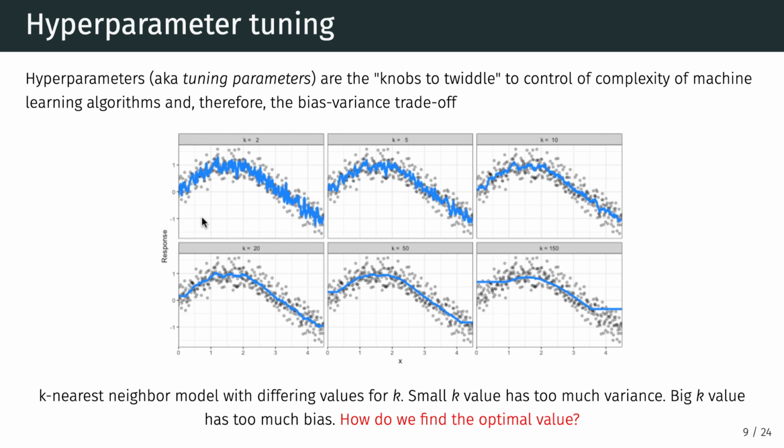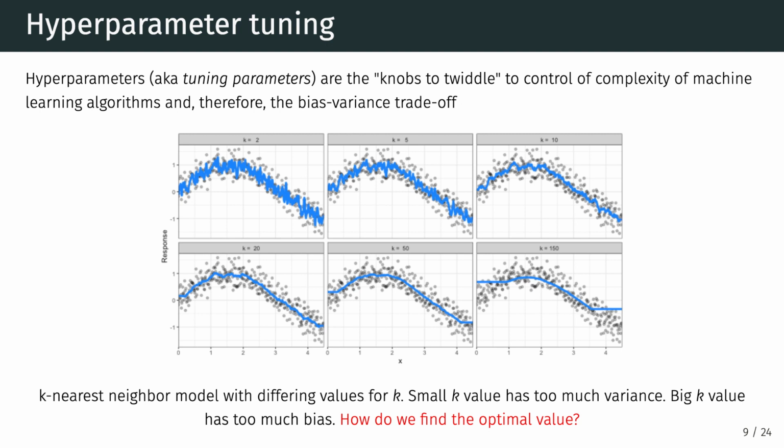So if k is small, such as k equals 2, as we see in the upper left-hand corner, the model will make a prediction for a given observation based on the average of the response values for the two observations in the training data most similar to the observation being predicted. So this often results in highly variable predicted values because we are basing the prediction, in this case an average, on a very small subset of the training data.